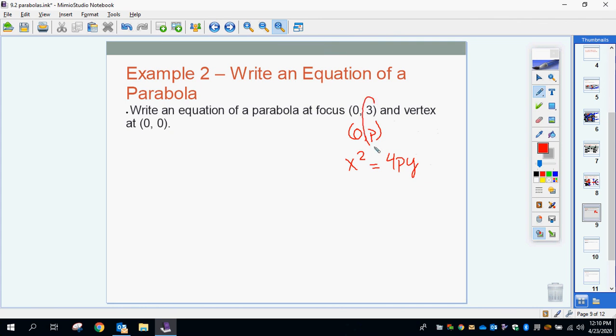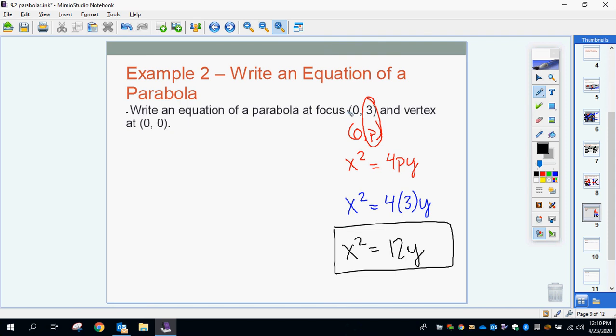Well, good news is we already know what p is. P is 3. So we just substitute in 4 times 3 times y, and we simplify to get our final answer of x squared equals 12y. That's the equation of a parabola that would have a focus at 0, 3 and a vertex at 0, 0.